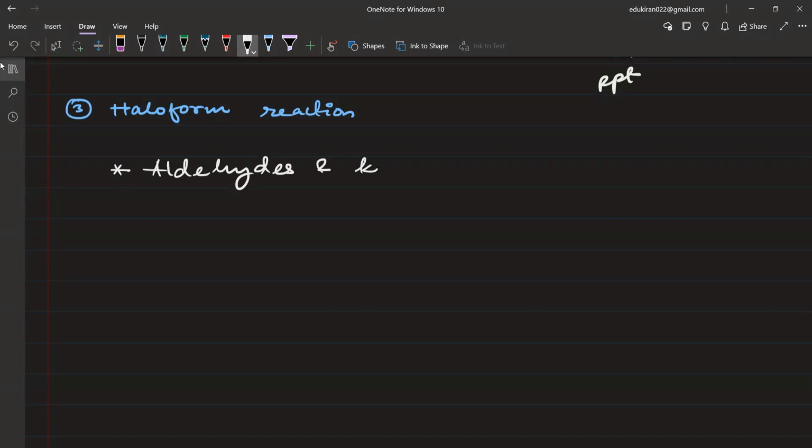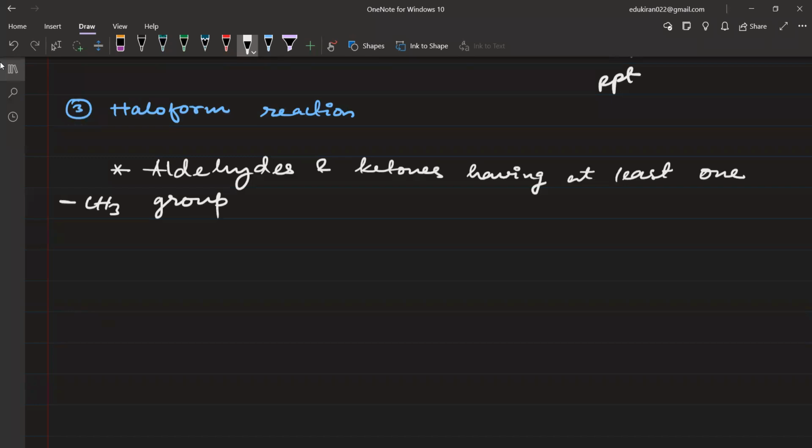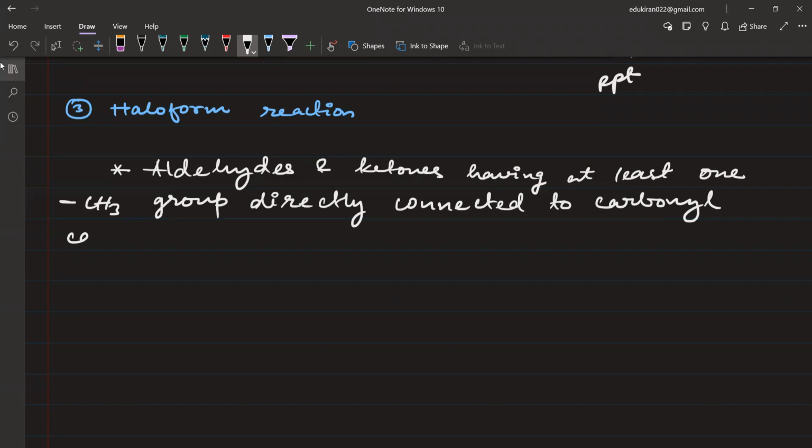Now please write: aldehydes and ketones having at least one CH3 group directly connected to carbonyl carbon are oxidized by sodium hypohalite.